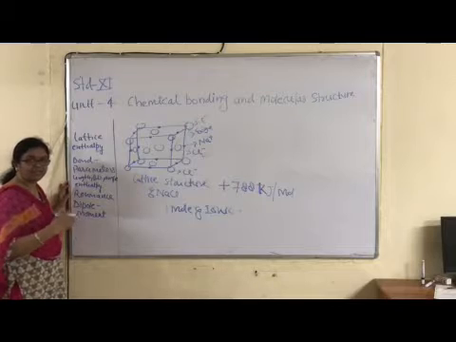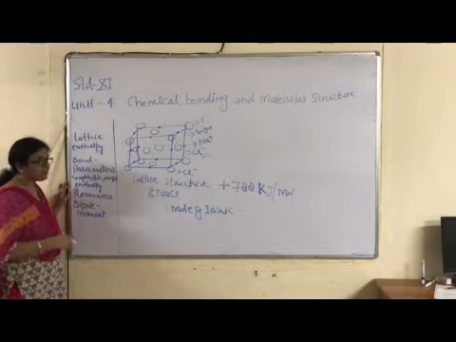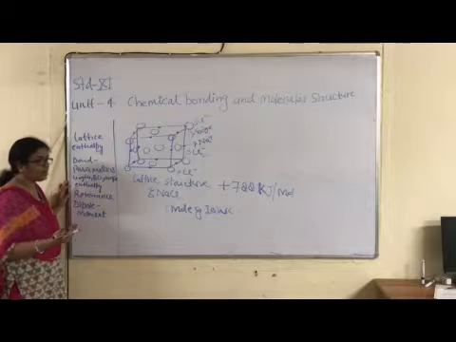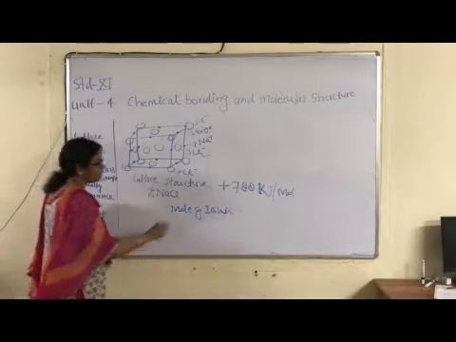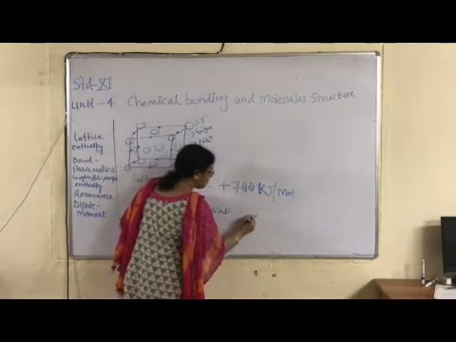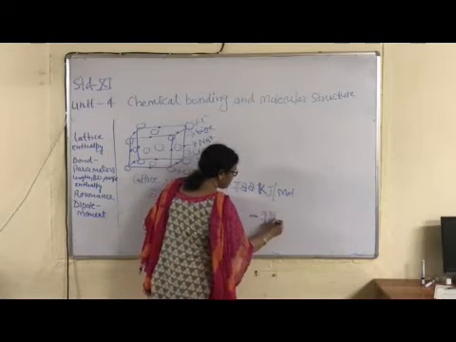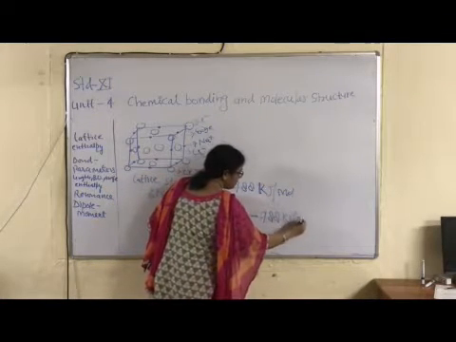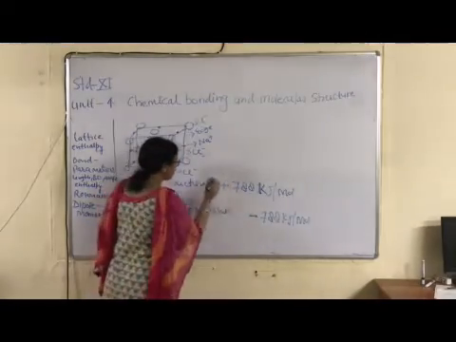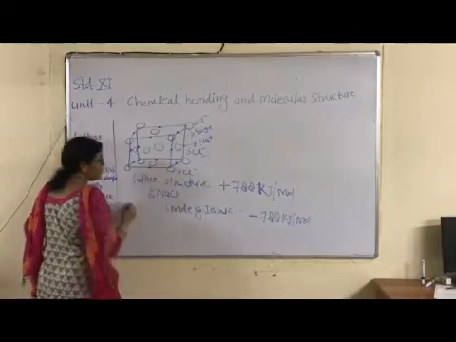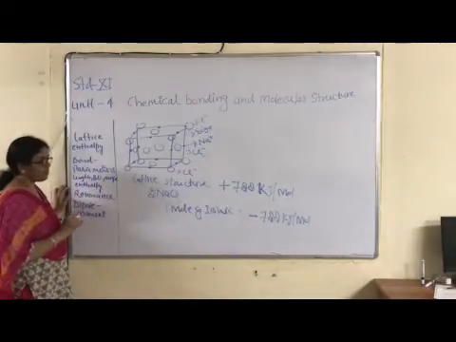But the backward, reverse process is an exothermic process. Okay children? During formation of 1 mole of sodium chloride, the sign is opposite: minus 788 kilojoule per mole. Right? This amount remains fixed because the compound is the same. Here the compound is NaCl. Right?